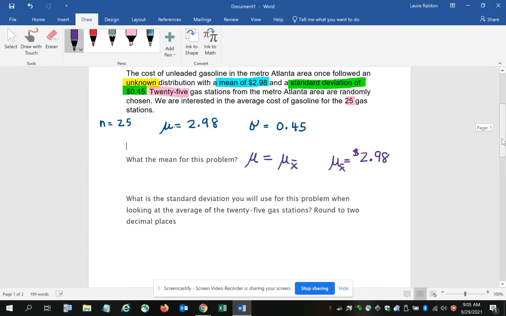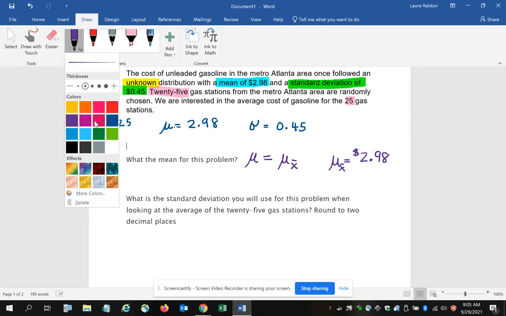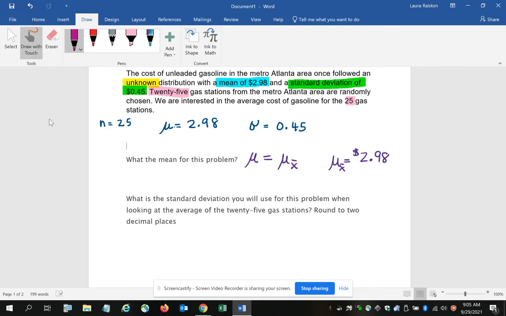The second question asks you what is the standard deviation you will use for this problem when looking at the average of 25 gas stations, and it asks you to round it to 2 decimal places. So here again, you have to remember there's a slight difference in the standard deviation.